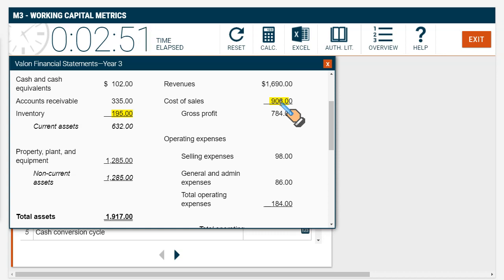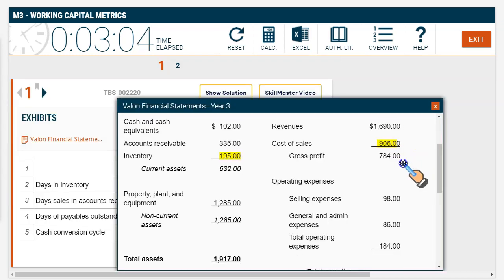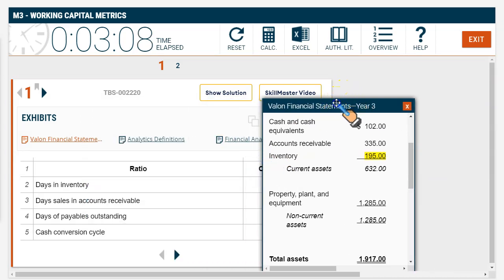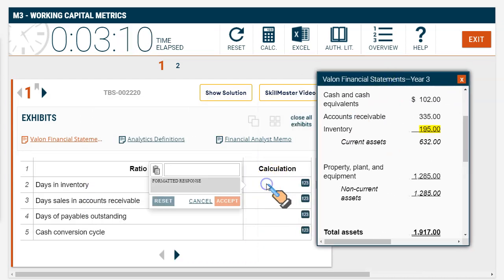It's pretty straightforward. The number that you will get is 78.559, which can be rounded off to 78.56. Plug it right here, 78.56.